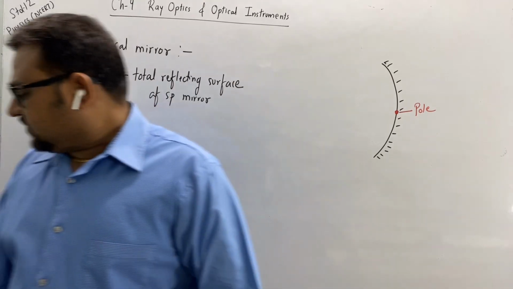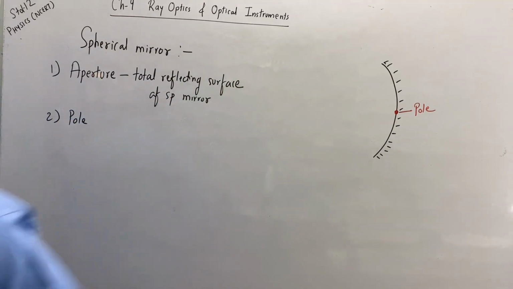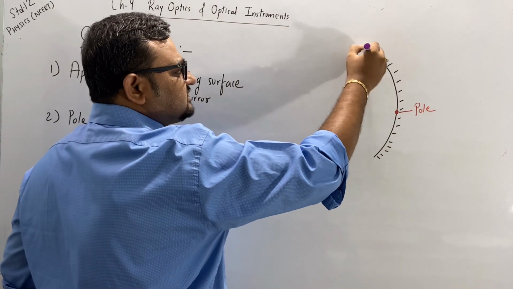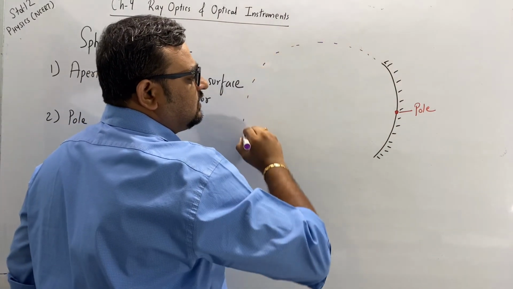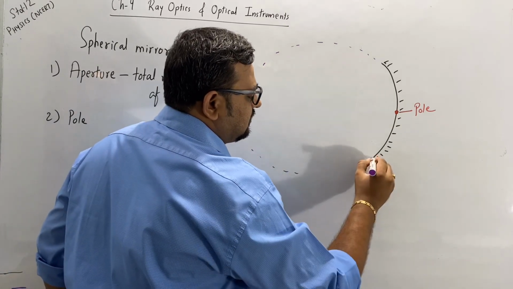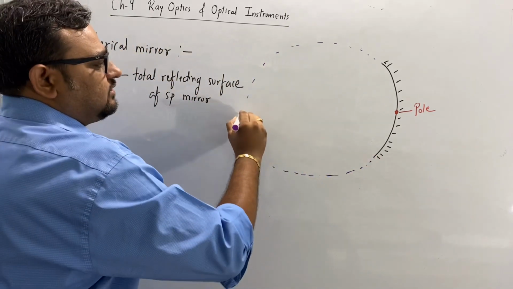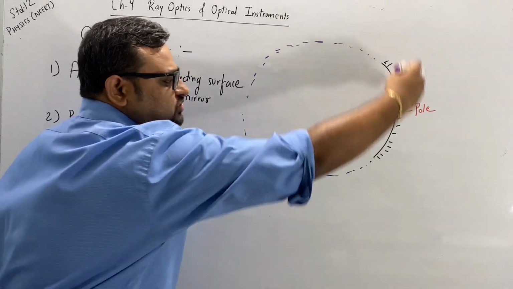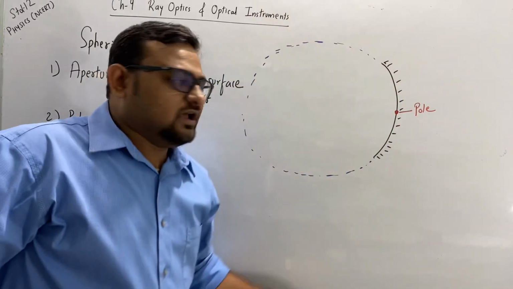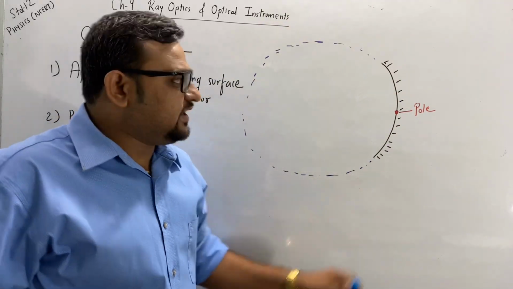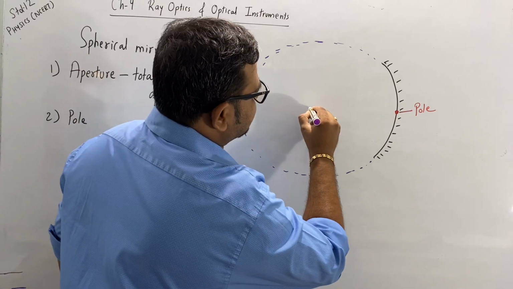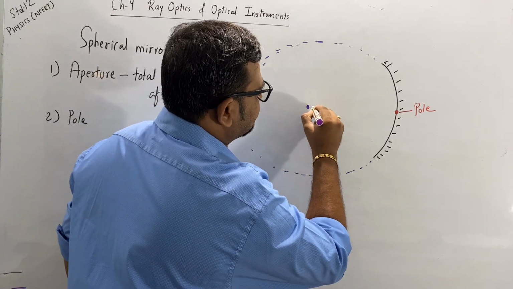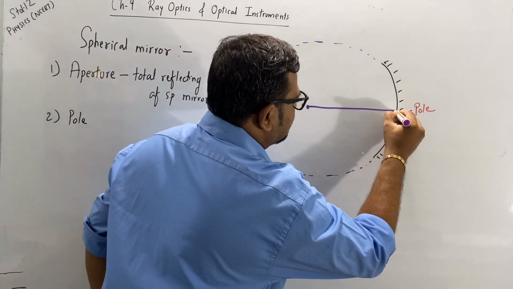Now see here, if I extend this as a sphere, right? Assume that this was the sphere and from this, the spherical mirror was made. Then this would be the center of that sphere, right?